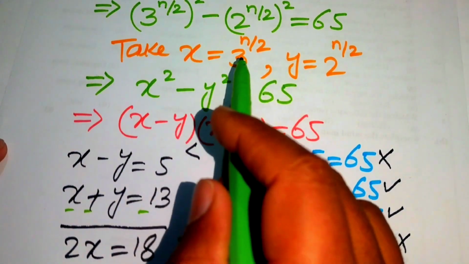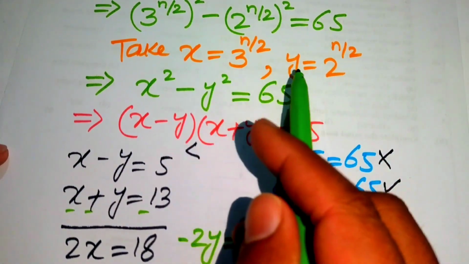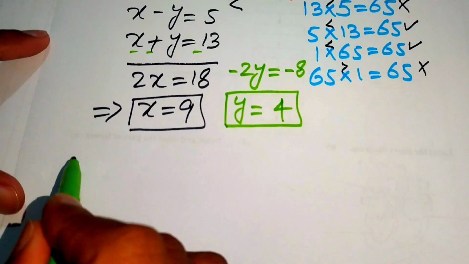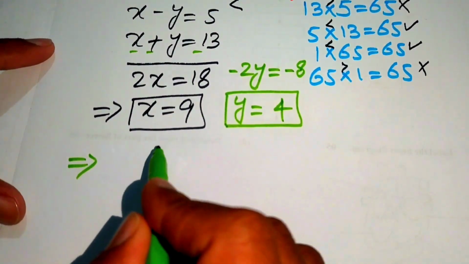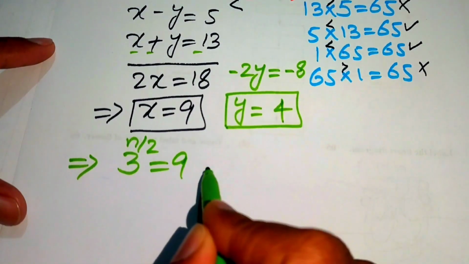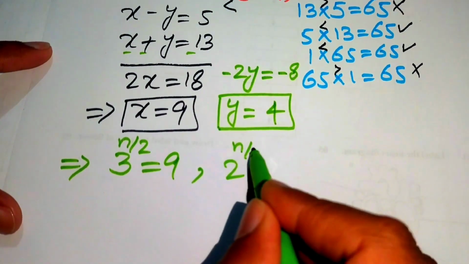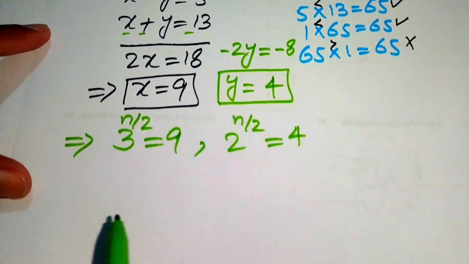In the start of the problem we took x equals 3 to the power of n over 2 and y equals 2 to the power of n over 2. So we back substitute these two values here and we obtain 3 to the power of n over 2 equals 9, and when we put the value of y, it is 2 to the power of n over 2 equals 4.